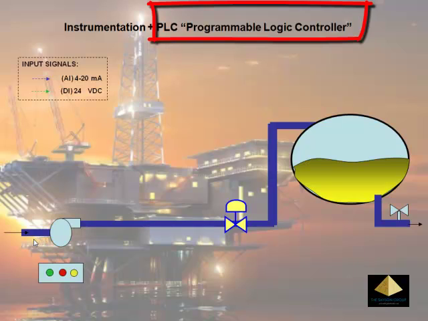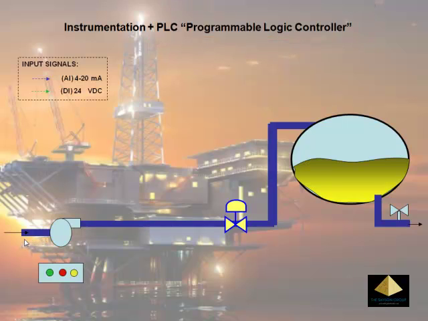Now let's start with the process again. It's the same process from left to right. Now, instead of just a gauge, the temperature transducer will be attached to a temperature transmitter.